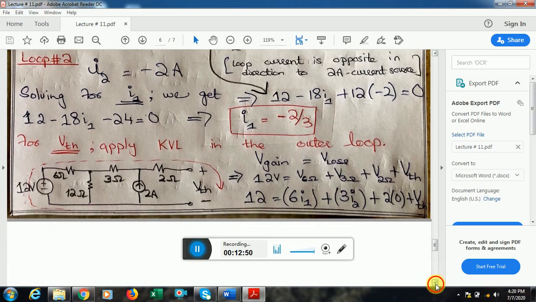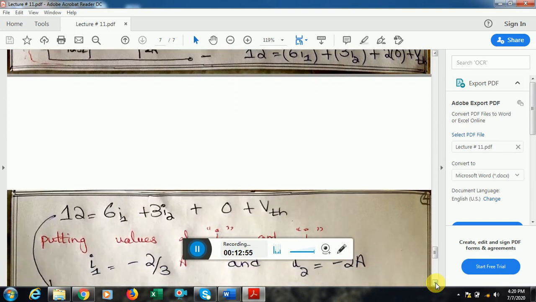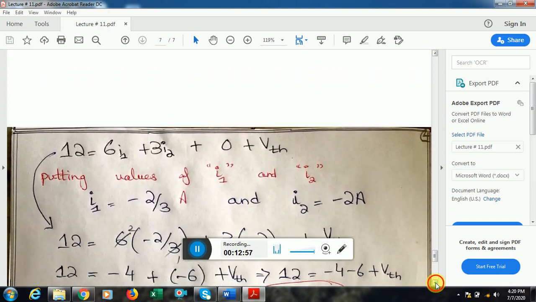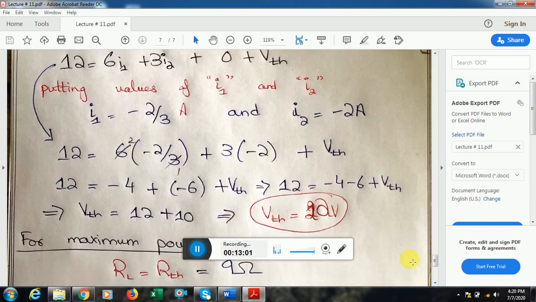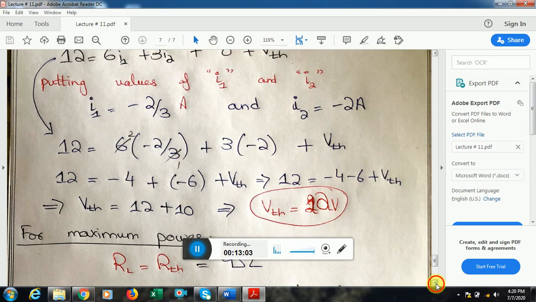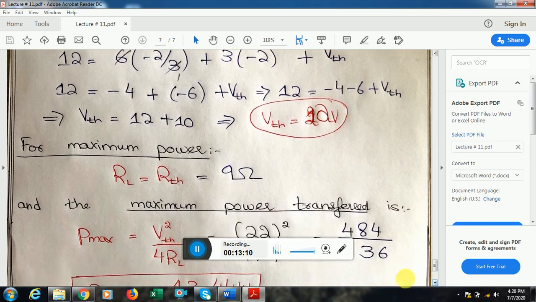By plugging in the values of the resistances and the currents, which are I1 and I2, I get to know the V Thevenin value. I'm doing every single step for you so that there should be no confusion. V Thevenin becomes 22 volt.